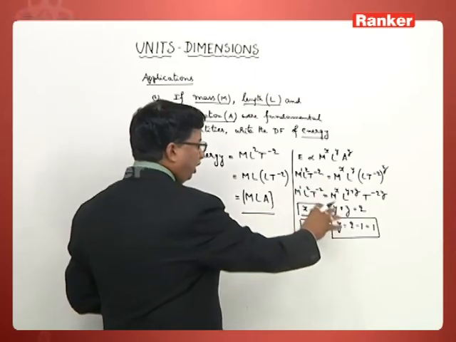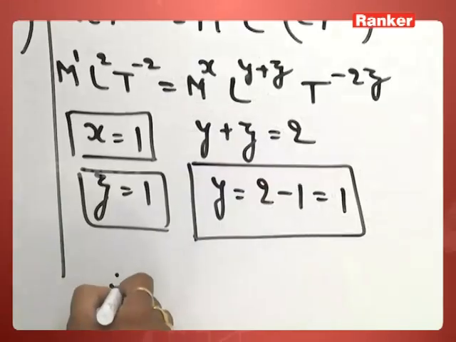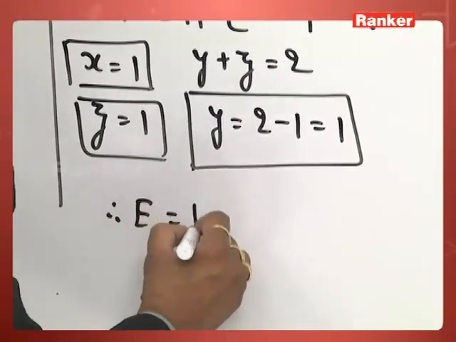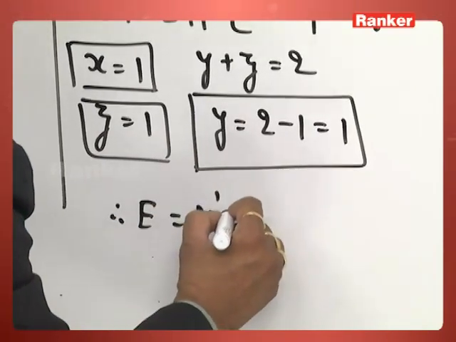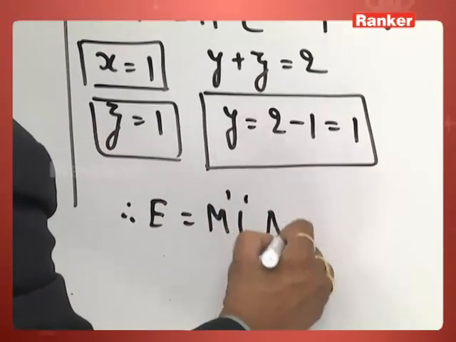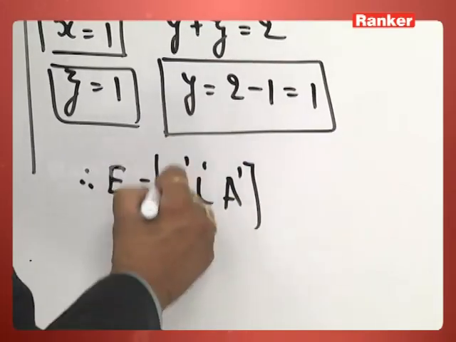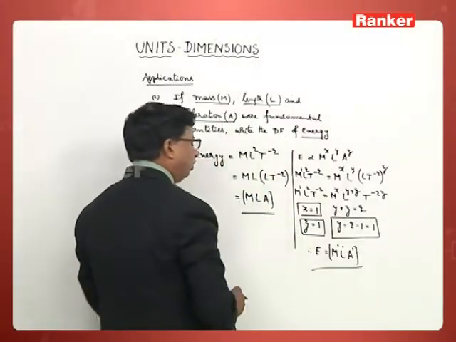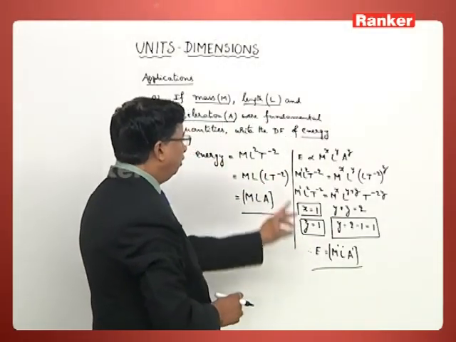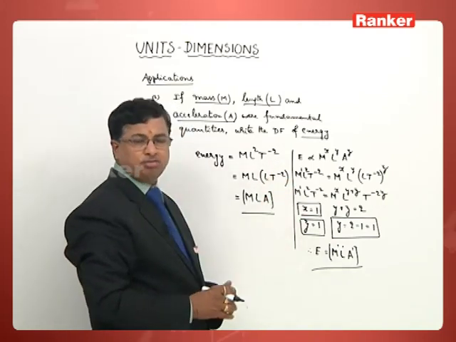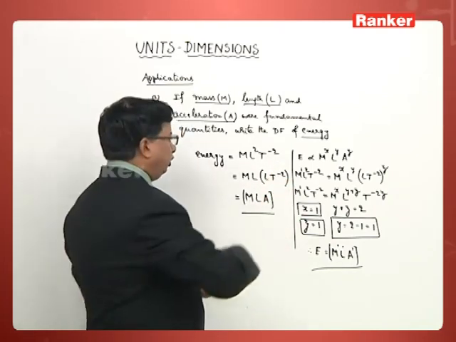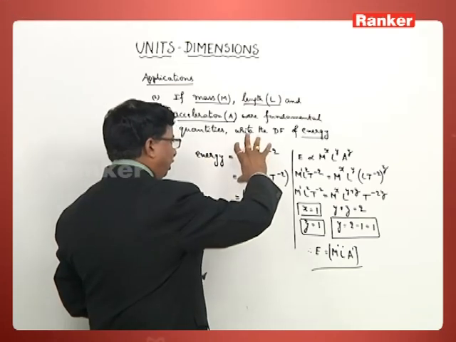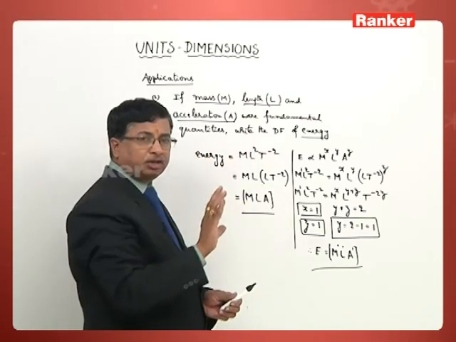So, straight away I can substitute them here. Therefore, energy is equal to m to the power 1, L to the power 1, A to the power 1. That is MLA. That is going to be the dimensional formula for energy as such. So, you can work out this way directly, nothing second to it.